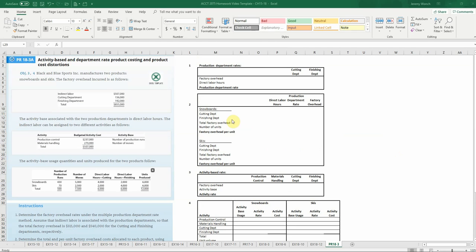So we need to calculate our production department rates, based on direct labor hours, and there were total direct labor hours of 6,000.